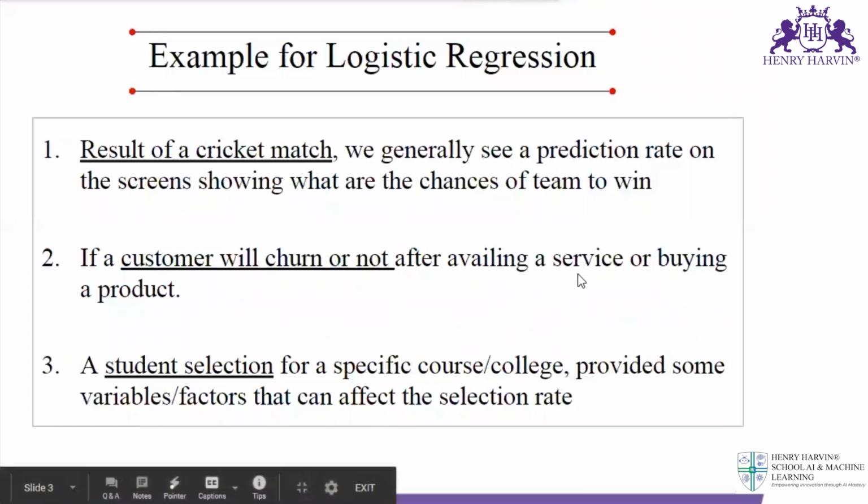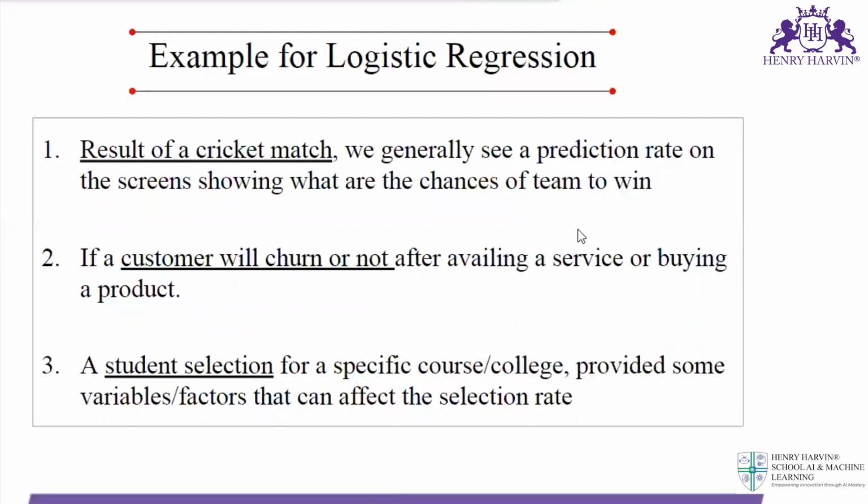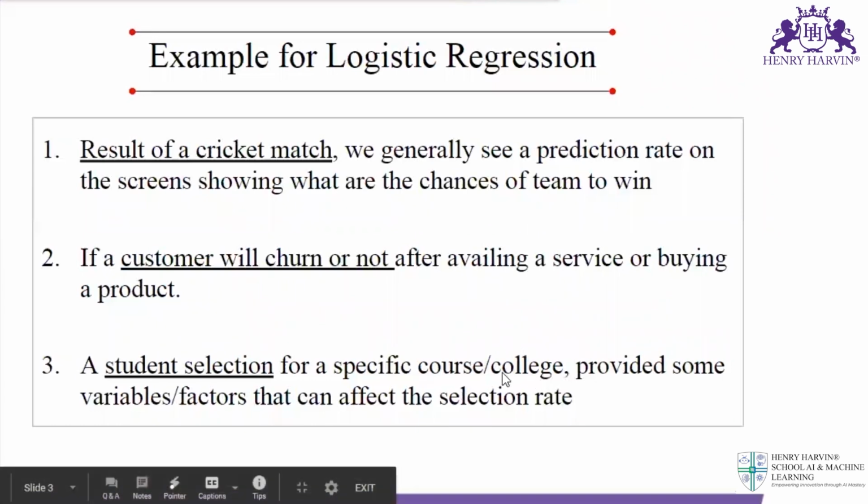In today's time, in online courses, people generally take some information regarding students' earlier results, grades and colleges. It helps in the selection rate of that student for that course.